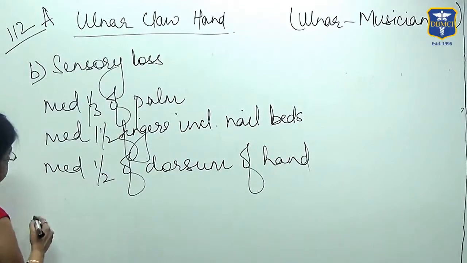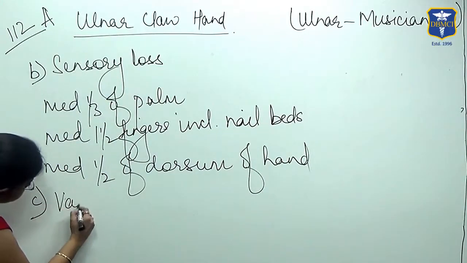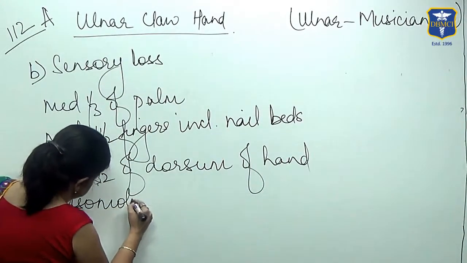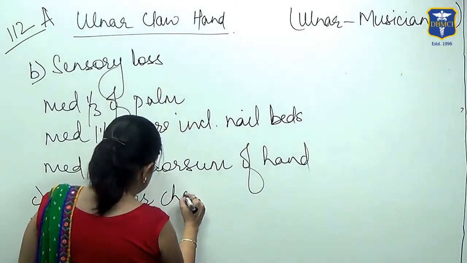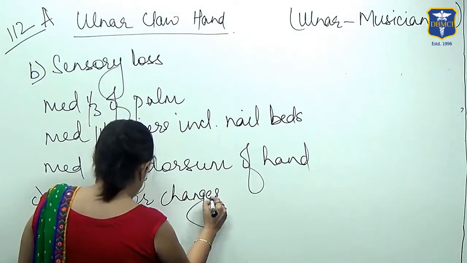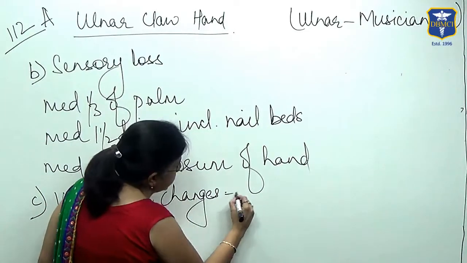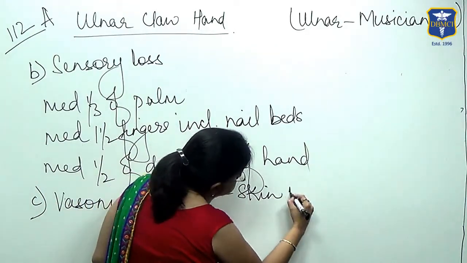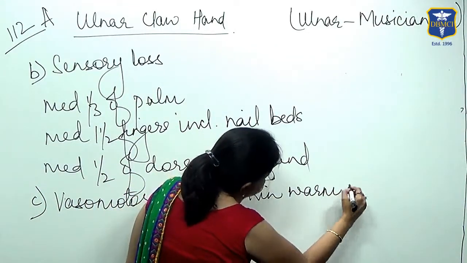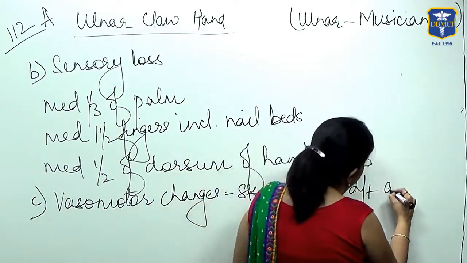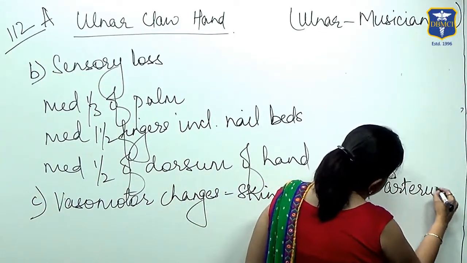Apart from the sensory loss, there are vasomotor changes. The skin is warm due to arteriolar dilatation.